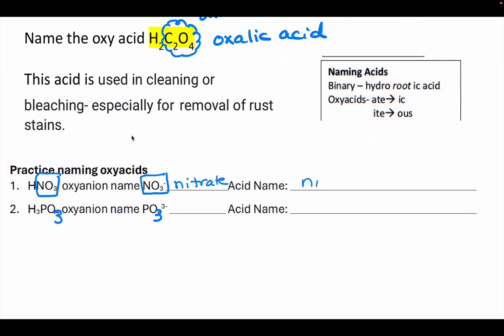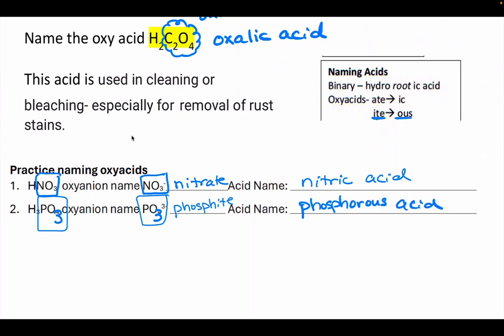So then this becomes nitric acid. This one, the polyatomic ion is called phosphite, and ite goes to us. And we do add that or. So notice no hydro. We know there's a hydrogen because we know it's an acid.